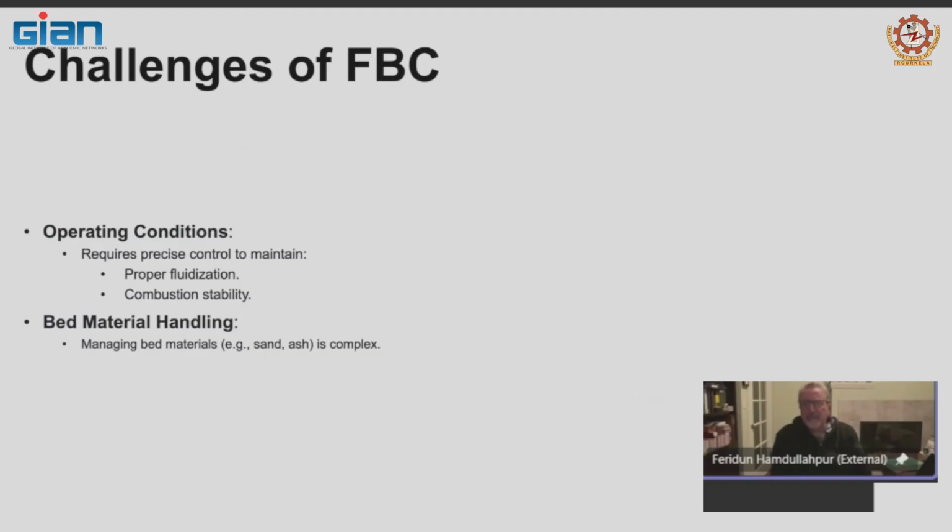Stability of combustion becomes an issue, especially if you have slugs being formed, which is possible, or the agglomeration of ash. If the ash is at a higher temperature, and that temperature is not well controlled, ash particles become soft.